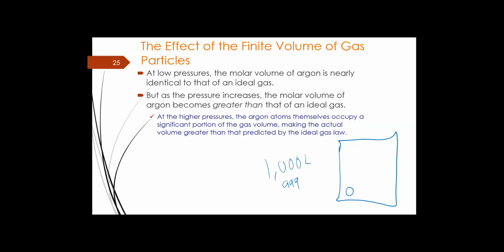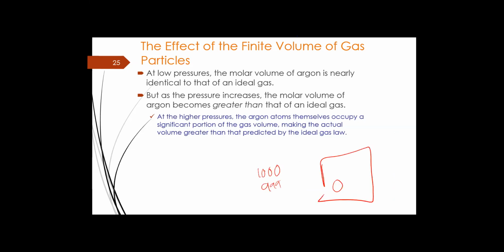But as we keep going up, then it becomes more and more of a problem. As we keep increasing the amount of argon, our gas particles inside, and now if we have 100 of these, we can no longer ignore them.